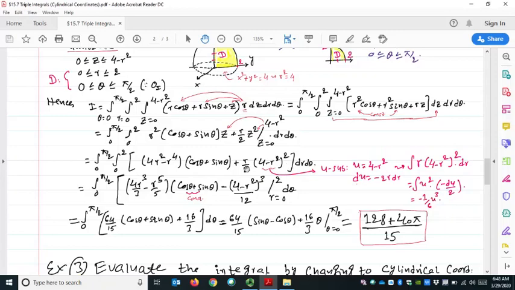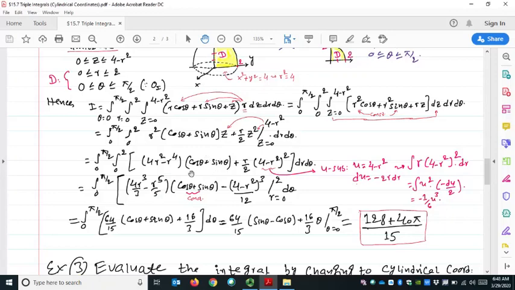And then in the next step, let's integrate with respect to r. Again, with respect to the r integral, these theta terms are constant. So 0 to pi over 2 is the theta integral, and then 4r square becomes 4r cubed over 3 minus r to the 4 becomes r to the 5 over 5.